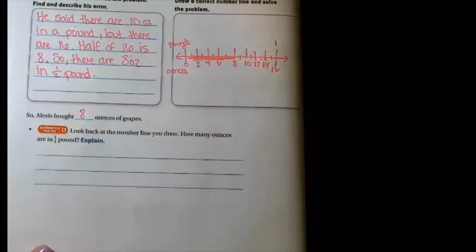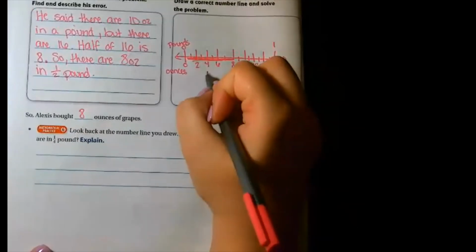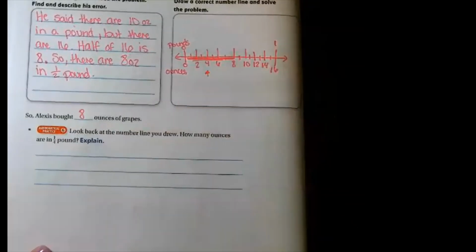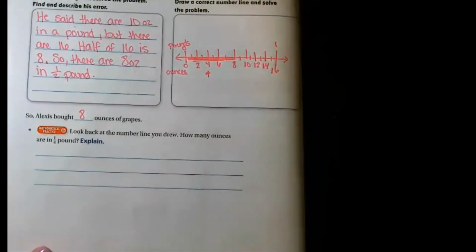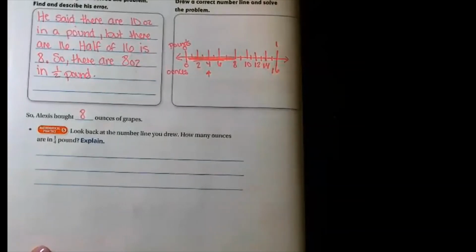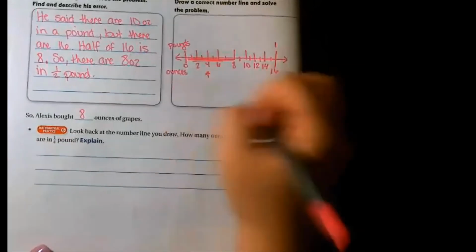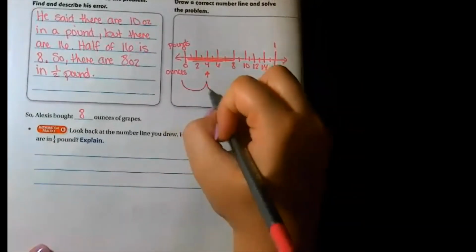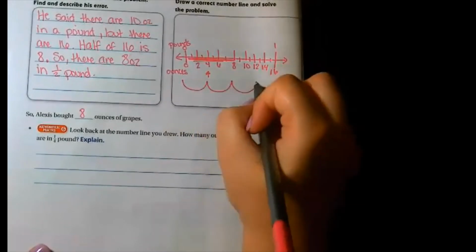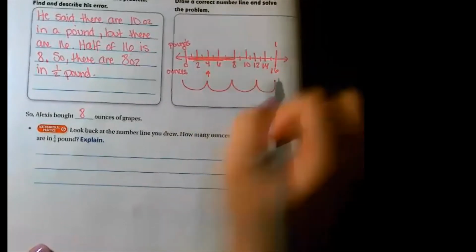Okay, there are 4 ounces in 1/4 of a pound. So 1/4 of a pound means we would have split the 16 ounces up into 4th size pieces. As we jumped, we would want to make sure we had 4 pieces. So we go from 0 to 4, from 4 to 8, from 8 to 12, and from 12 to 16, basically counting by 4s.